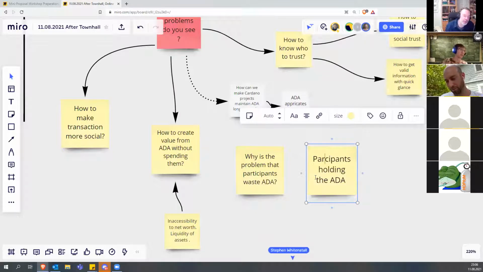ADA holders who just hold ADA are not taking advantage of liquidity possibilities, I suppose.